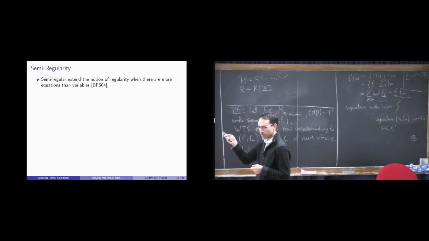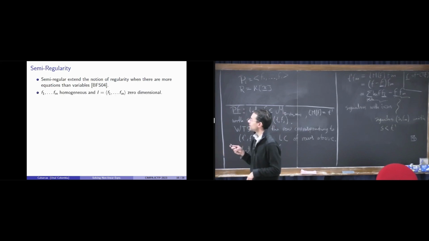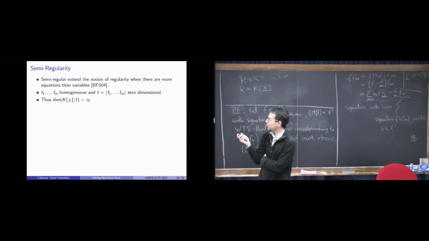The reference is at the end of the slides. In that case, when we have more equations than variables, the ideal is zero-dimensional. Thus, the dimension of the quotient is finite.